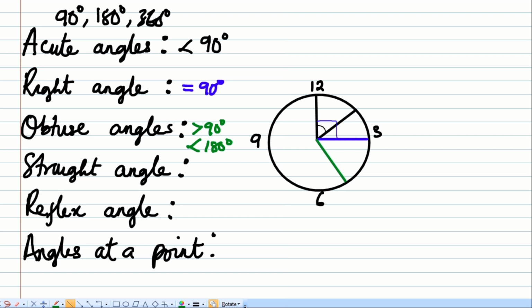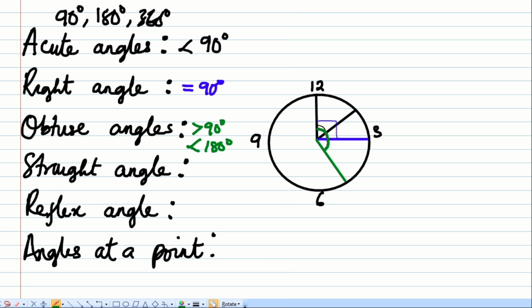So that angle formed relative from the starting point from 12 would be an obtuse angle. So it must be greater than 90 degrees but less than 180. So from that point we started, this is an obtuse angle.